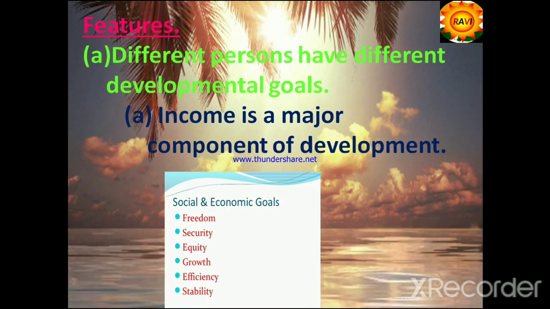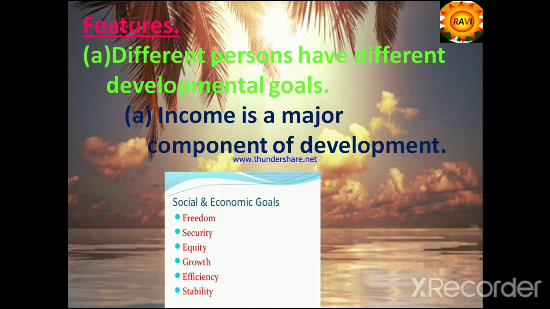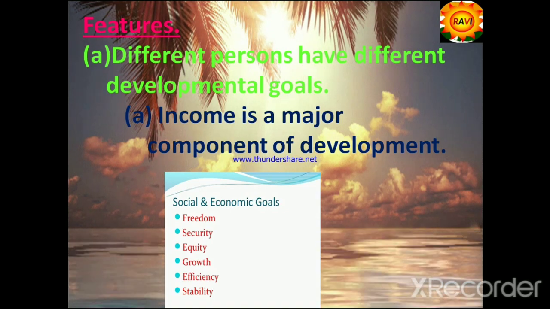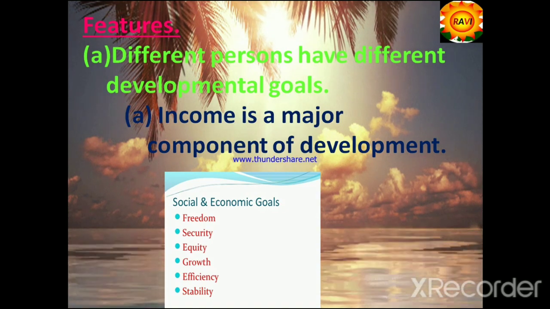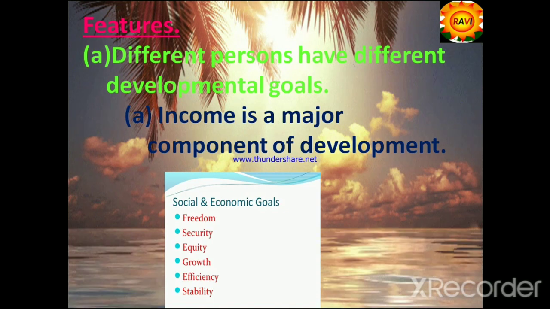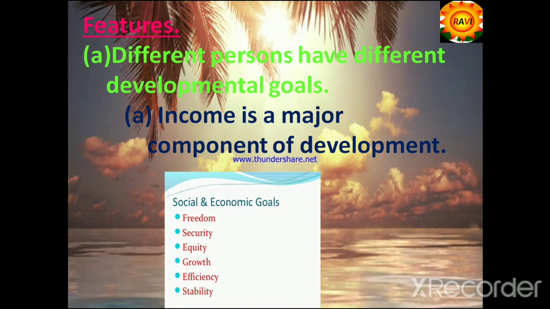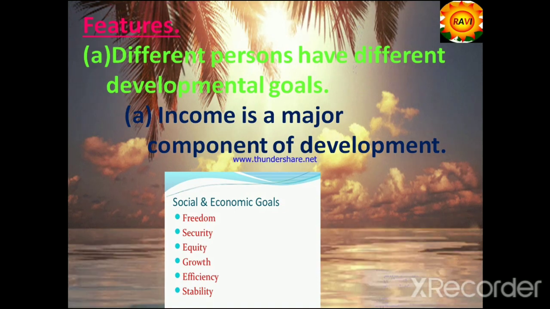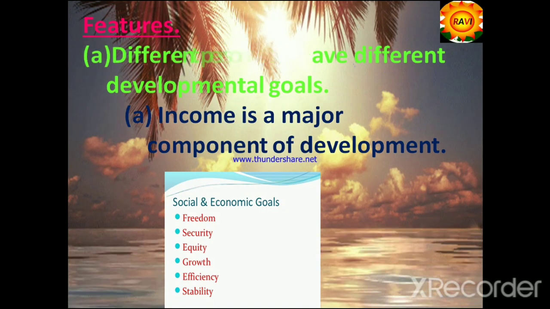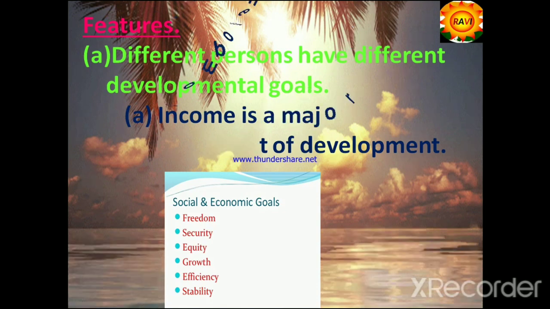All these come under social and economic goals. Under the economic goals, income is the first factor, and under the social goals, freedom, security, equality, growth, efficiency, stability come under the social goals of a person, a nation, a state, or individuals.